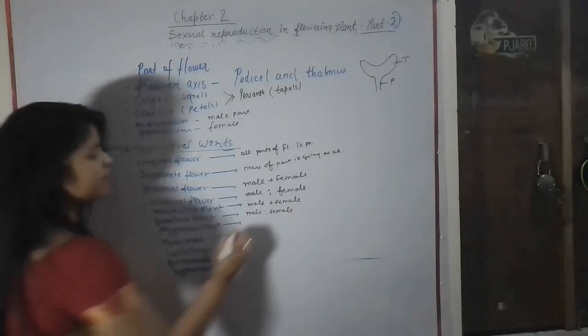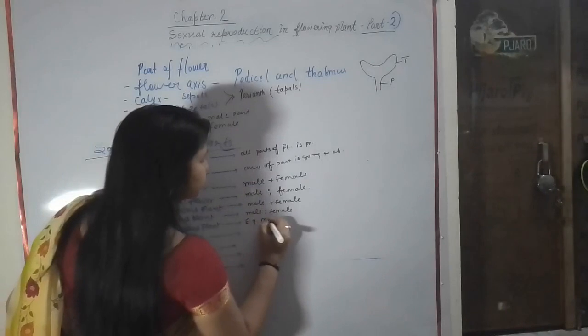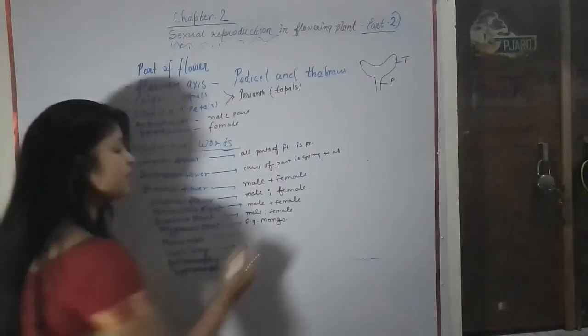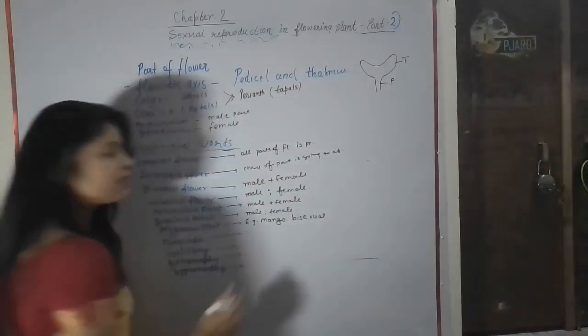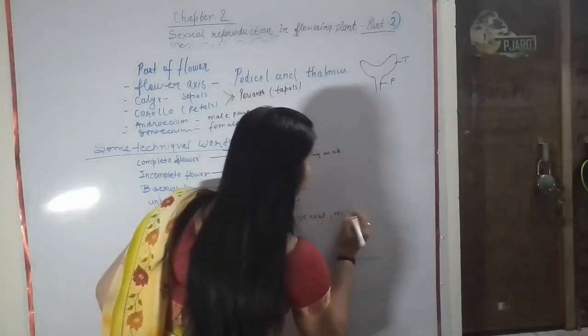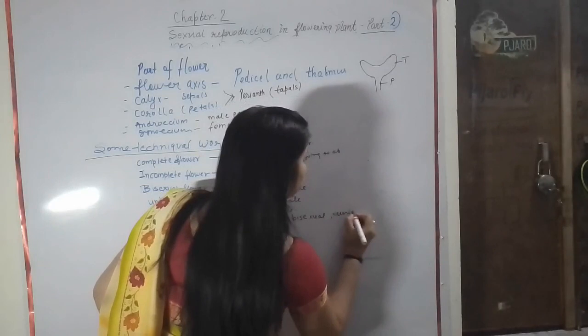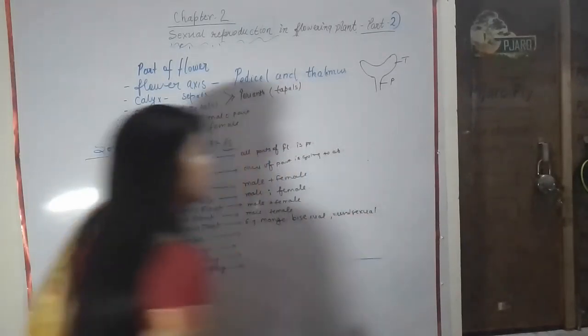Polygamous plant, for example if you see the mango. It means that bisexual and unisexual flowers are present.